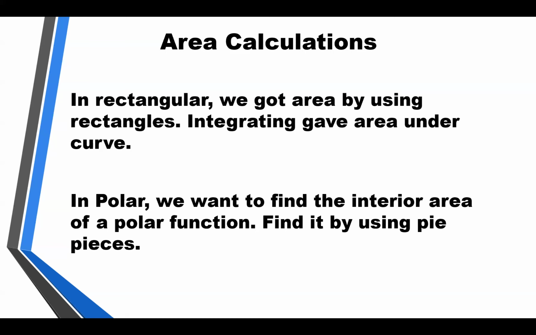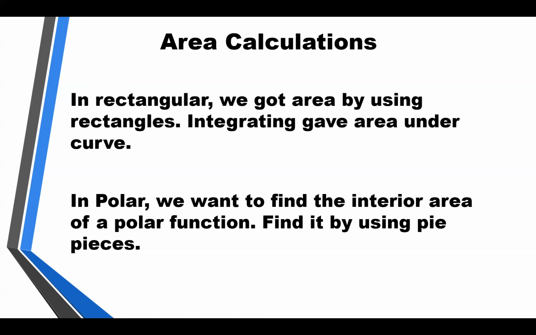Now, in rectangular coordinates, we got area by using rectangles. We used really small rectangles, and they were the rectangles under the curve. And then we made these widths smaller and smaller, and we took the limit as the width goes to 0.